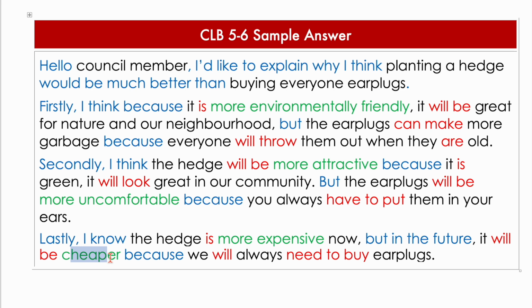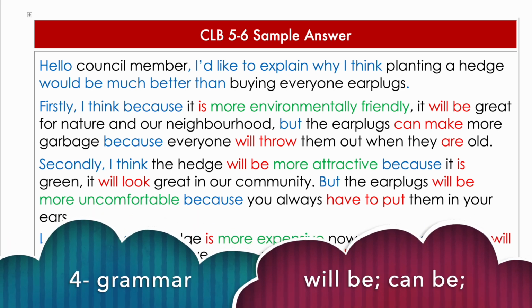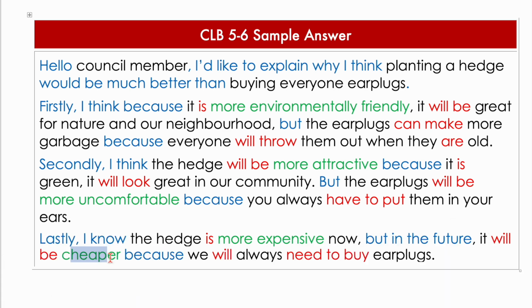And also, we used some good grammar for saying what will happen. Ours will be, can make, will throw, will be, will look, because we're talking about what will happen if we choose my choice or if we choose our colleague's choice. What will happen, okay? All right.